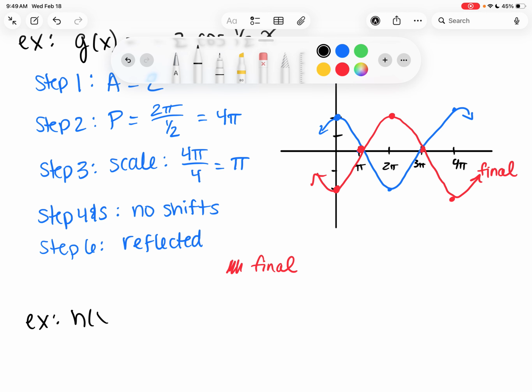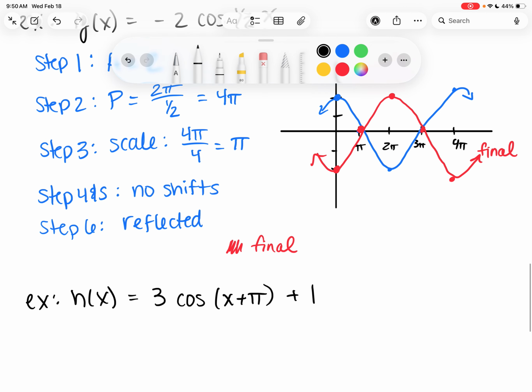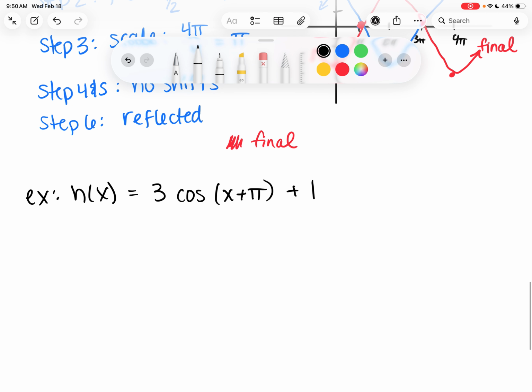H of x is equal to 3 cosine of x plus pi, plus 1. Okay, step 1, amplitude. Amplitude is 3.